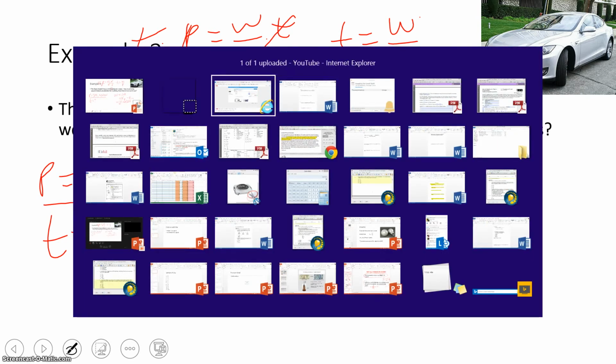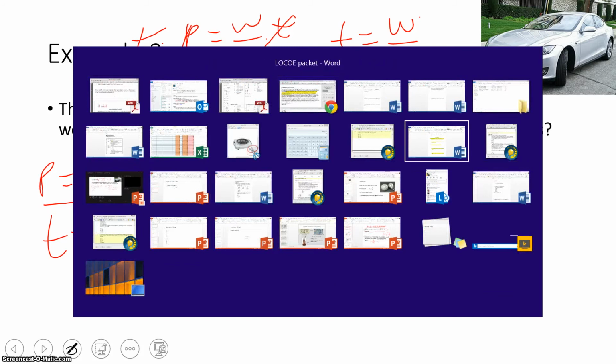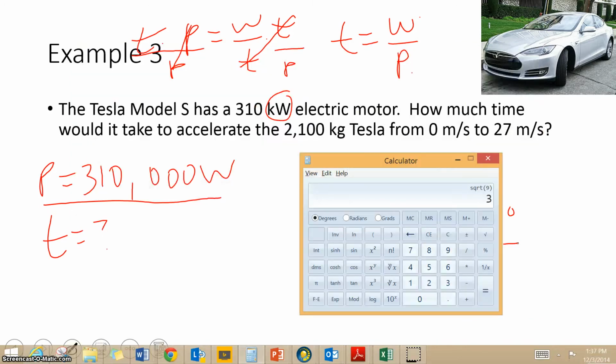Bringing up my calculator, 1/2, that's 0.5, times the mass, 2100, times the velocity, 27, times 27, because you have to square it.